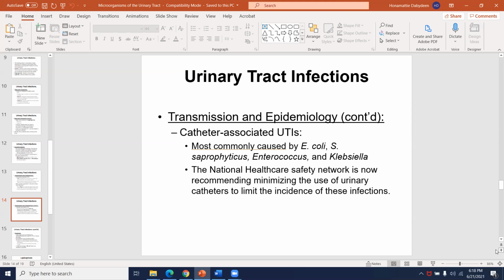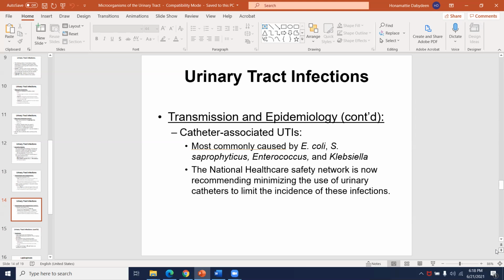Now, nothing is wrong with that, except that if you don't take care of the urinary catheter, if you don't maintain it properly, it's one of the most common causes of UTIs in a hospital setting, what they call nosocomial UTI, catheter-associated UTI, or CAUTI, C-A-U-T-I, they call it. Okay?